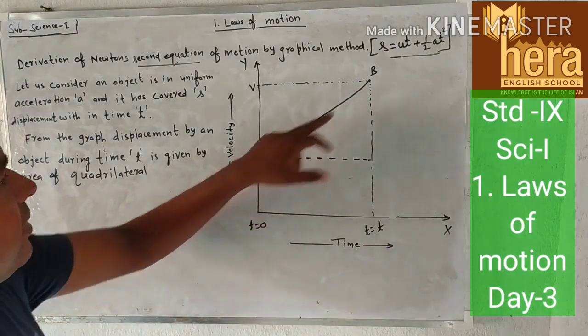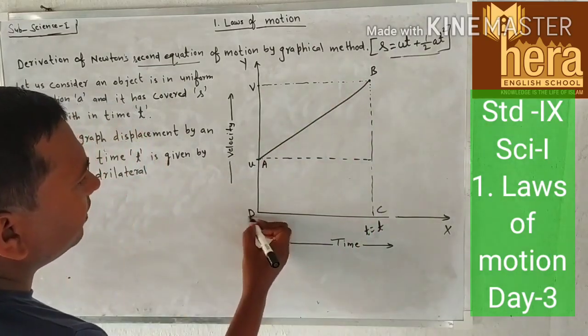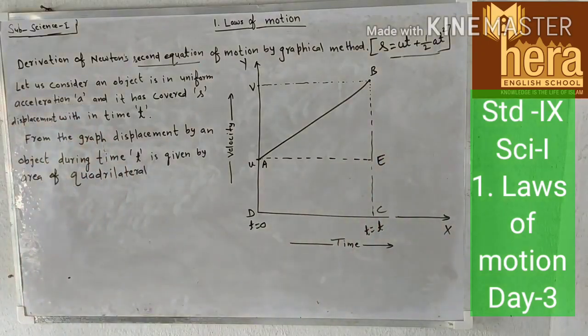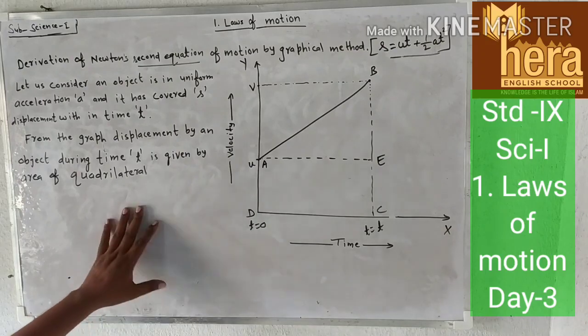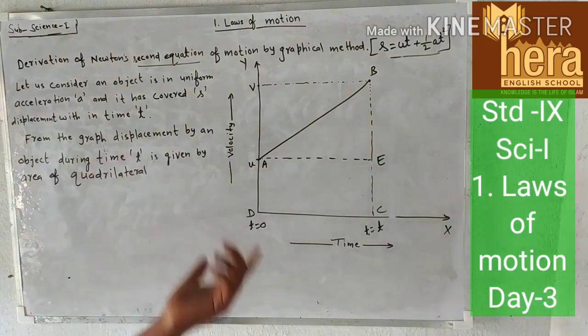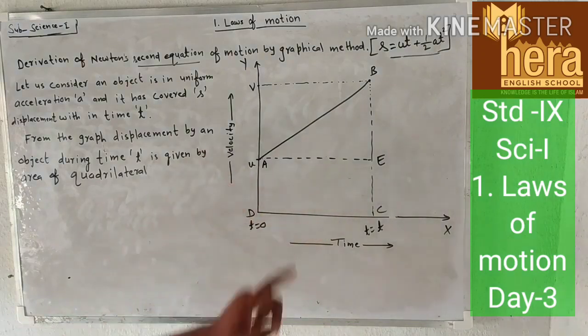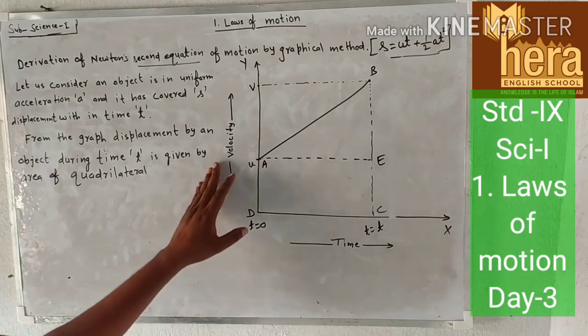Say this is A, B, this is C, D, and this is point E. In the previous lecture, I told you that if you find distance or displacement in a velocity-time graph, you have to find the corresponding area.